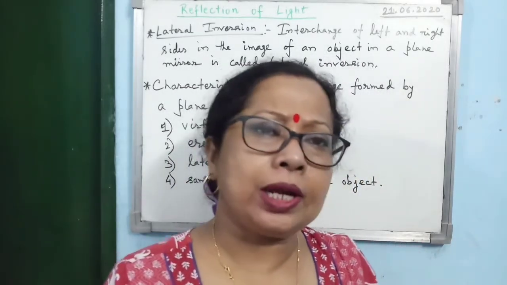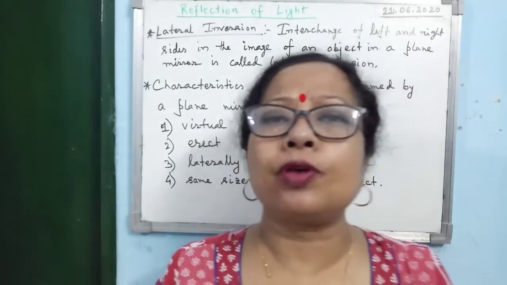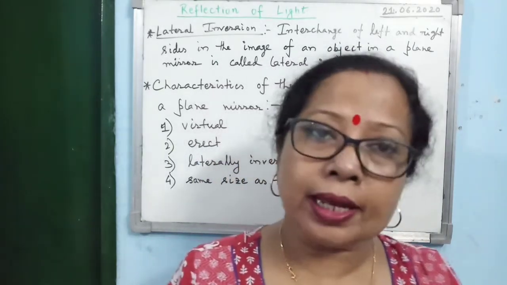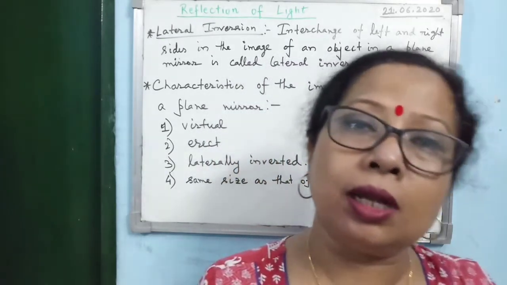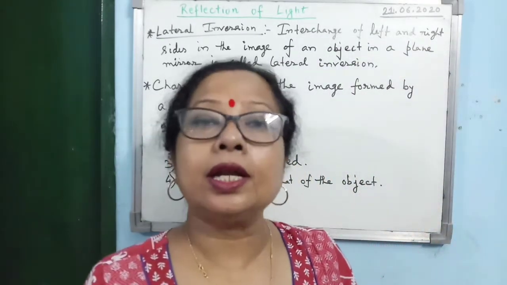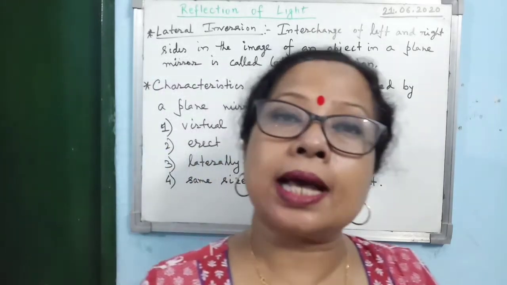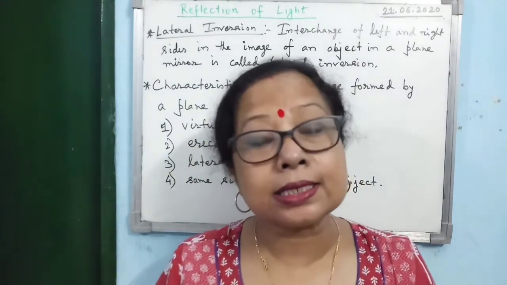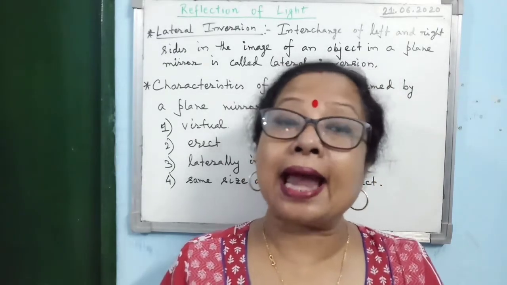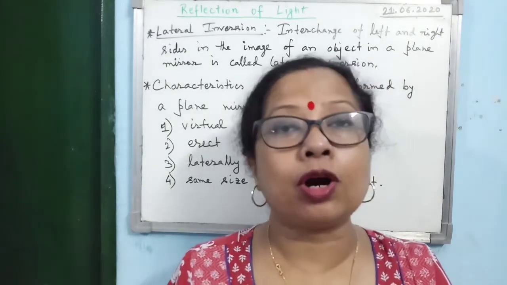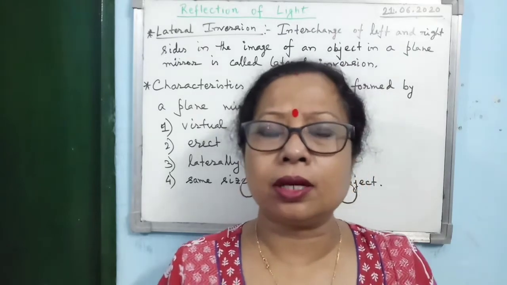And I hope when you stand in front of a plane mirror, you do not get an image which is bigger than your original size or smaller than your original size. What kind of image do you get? The size of the image is exactly the same as that of the object. So what are the characteristics of the image formed by a plane mirror?